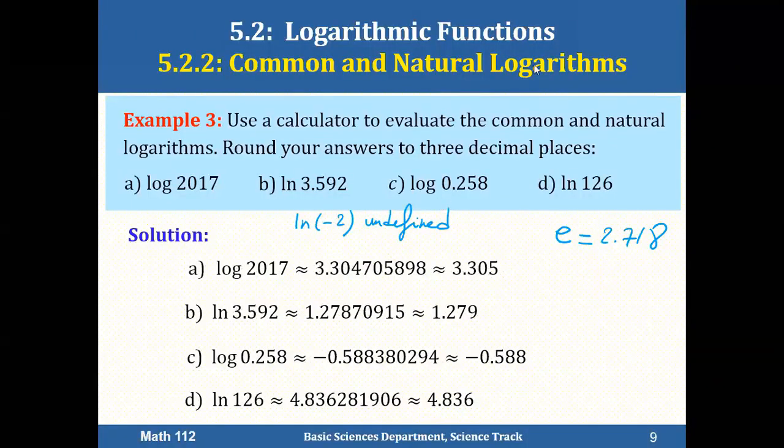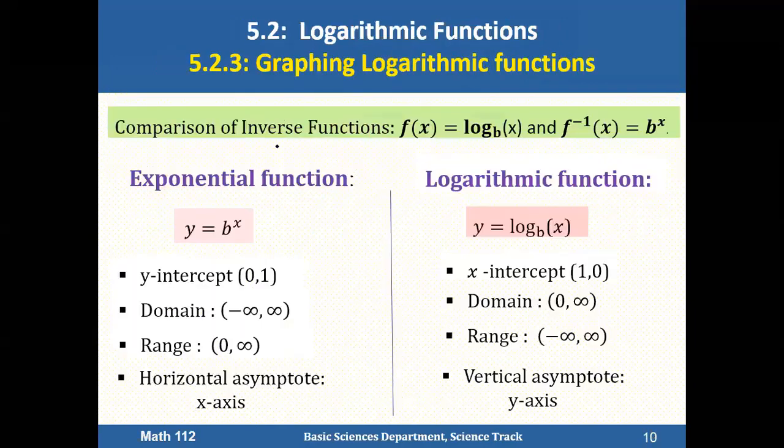Now we said the log base e has its own symbol. This is the table summarizing the properties of exponential and logarithmic functions. Since they are inverse functions, the range of the exponential becomes the domain of the inverse function, that is, the domain of log.